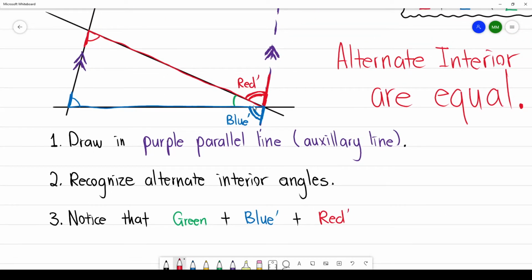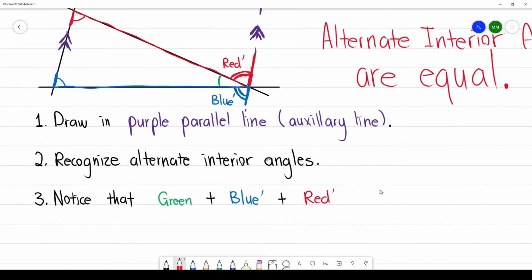So the green, the blue apostrophe, and the red apostrophe, they are on a straight line. So when you have a straight line, that's a straight angle over here. So this whole part here is a straight angle, right? So when you have a straight angle, it's equal to 180 degrees.